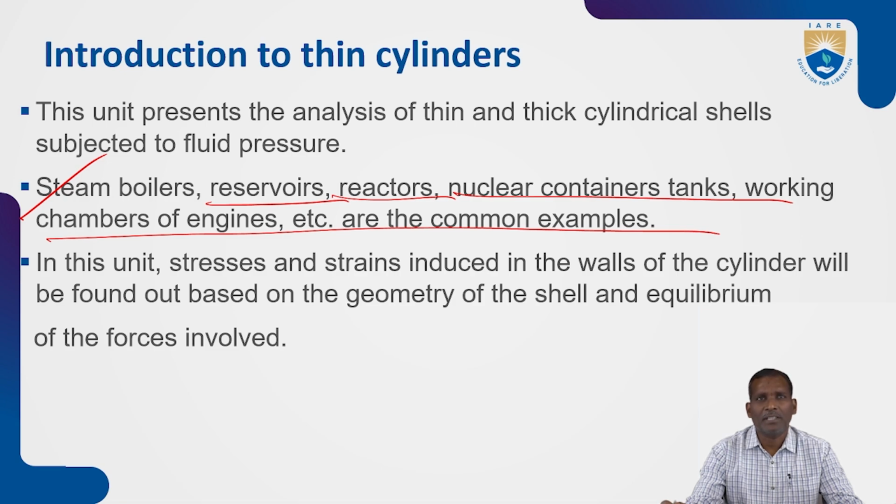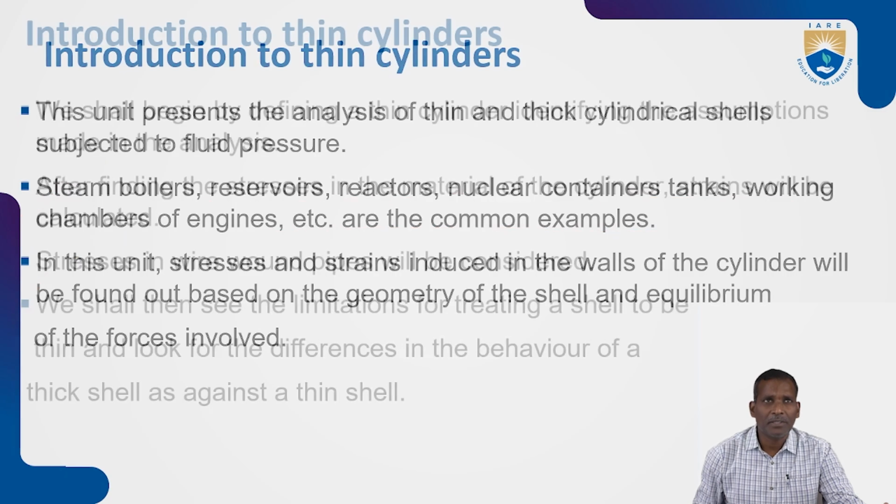In this unit, stresses and strains induced in the walls of the cylinder will be found based on the geometry of the shell and equilibrium of the forces involved. First you should know what forces act on the cylinder walls. We will find the stresses, derive the equations for them, and then calculate the strains in this unit.